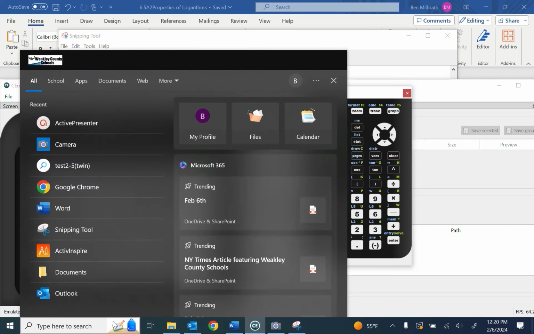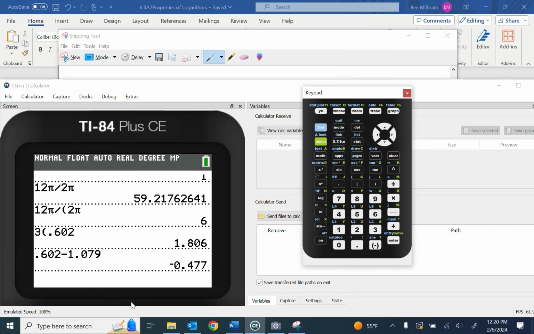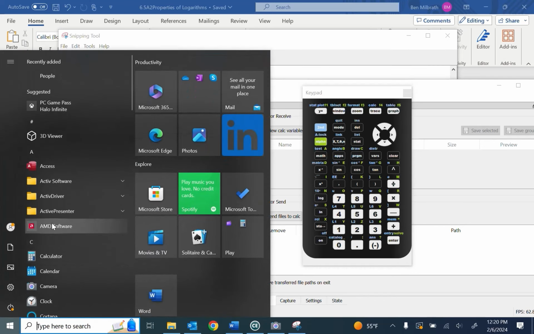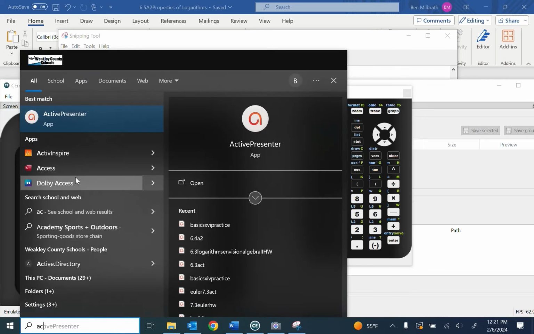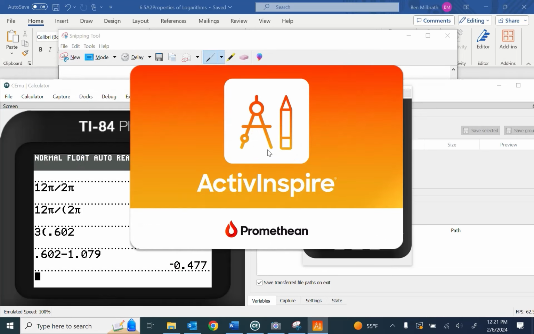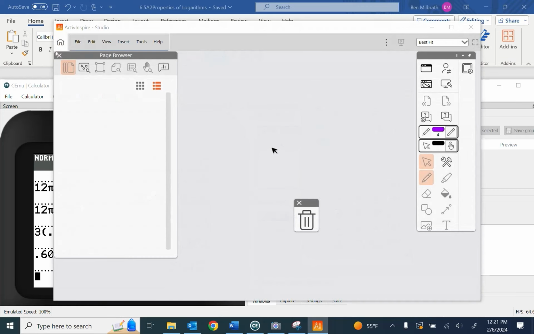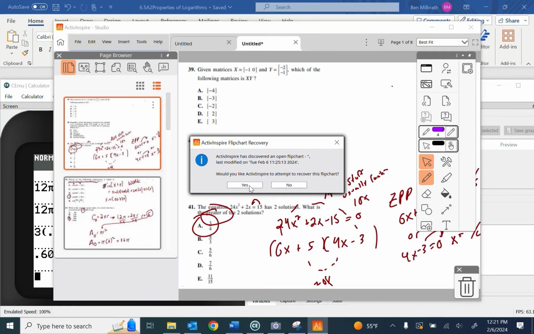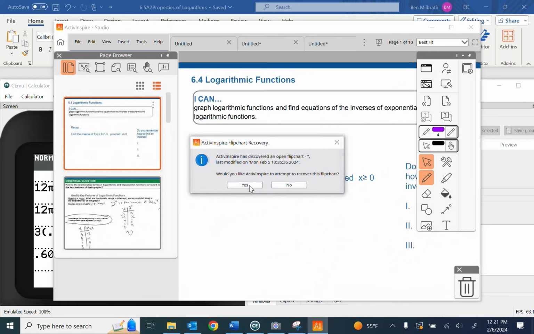And I just crashed my software. Wonderful. Oh, that's annoying. Give me a second. Yes, please do recover that flip chart.